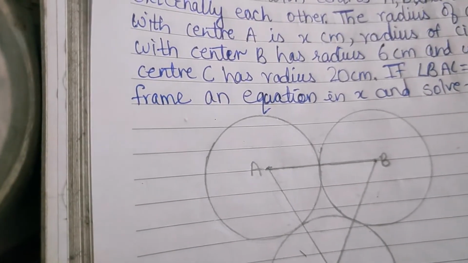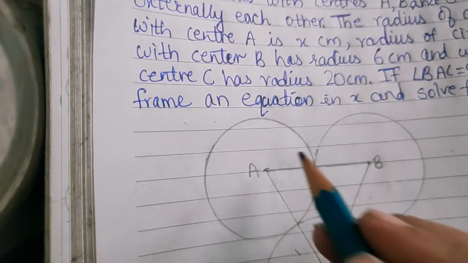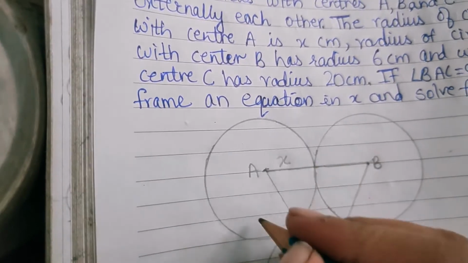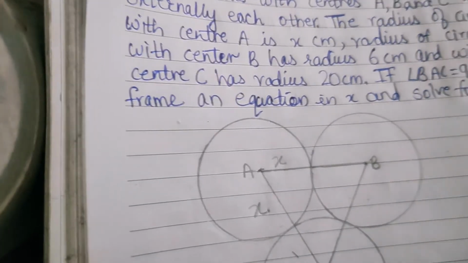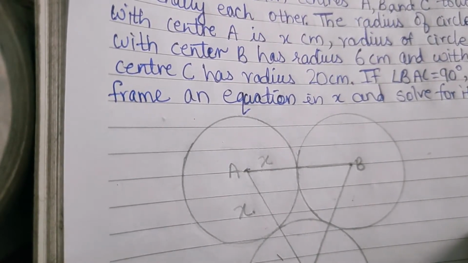Now this is A. So the radius will be from here to here and here to here, from the center of the circle to the end of the circle, right? So this will be x, this will also be x. Next, the circle with center B has radius 6 centimeter.